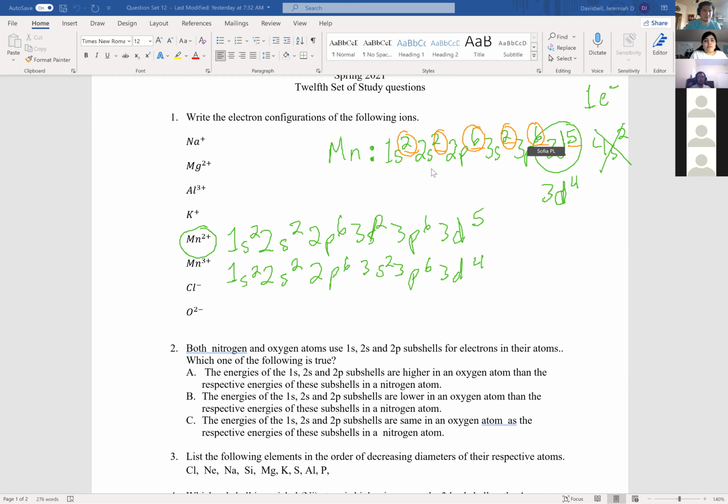And that's how it should be for each of them. Remember the exponents represent how many electrons you have in each suborbital, so if you add up all your exponents, it tells you how many electrons total you have. The total number of electrons for your ion or whatever element you're working with should equal all of your exponents added together. Everybody good with this?